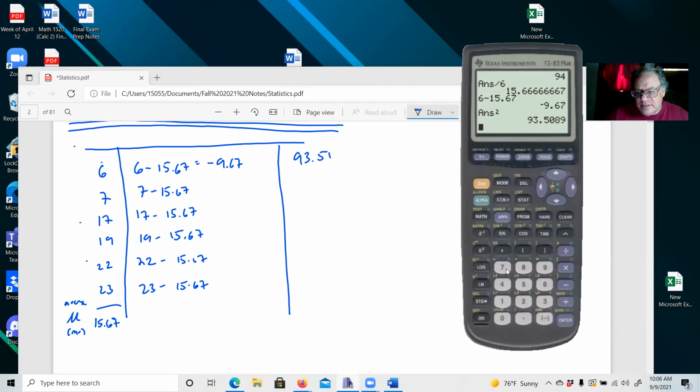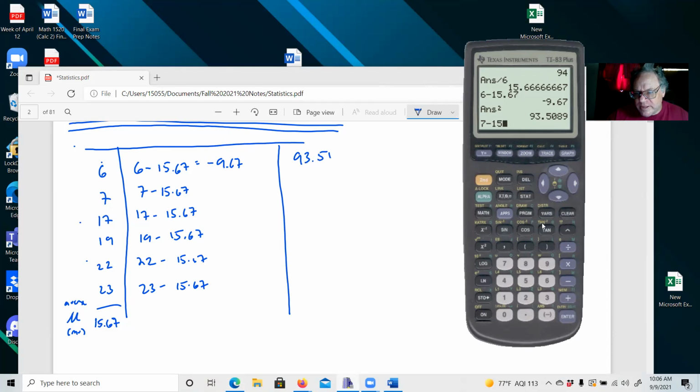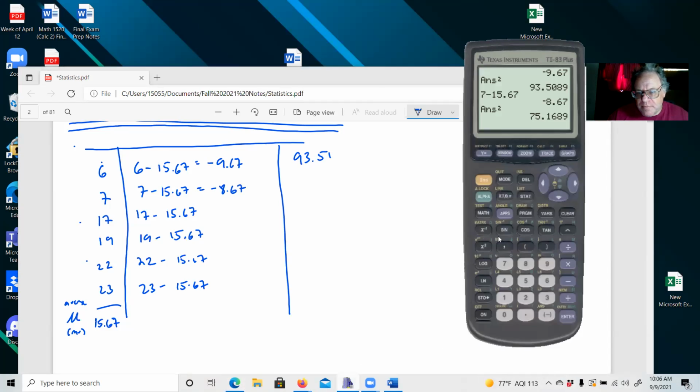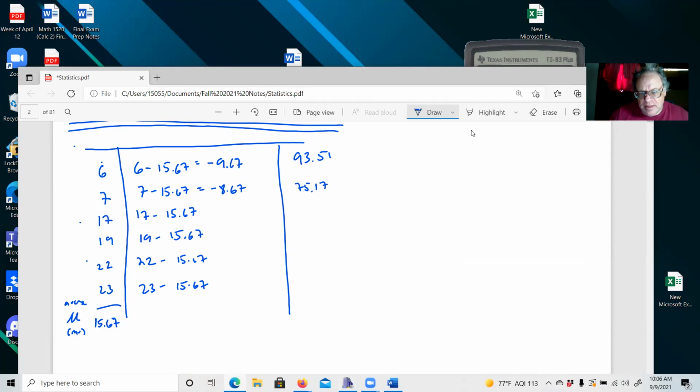This is going to be 7 minus 15.67. Be careful. That was negative 8.67. Square it, and we have 75.17.